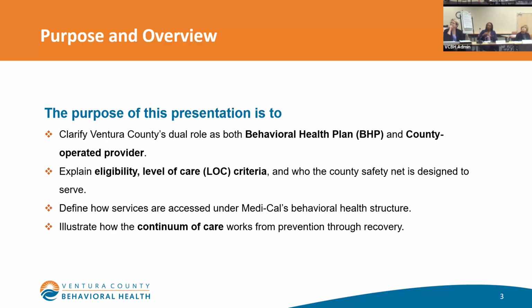And the county also provides services. Obviously, as we go through other slides, we're also aware that there are CBOs that are supporting and providing some services, but all that is to meet the requirement of the service agreement that we have with the state. And then the second is to explain eligibility and level of care.